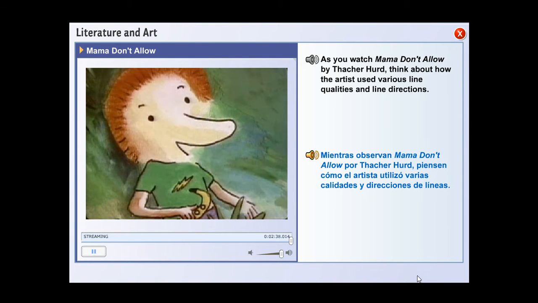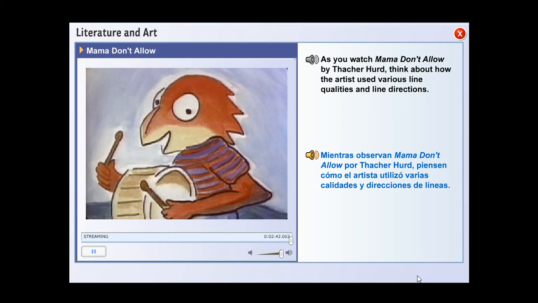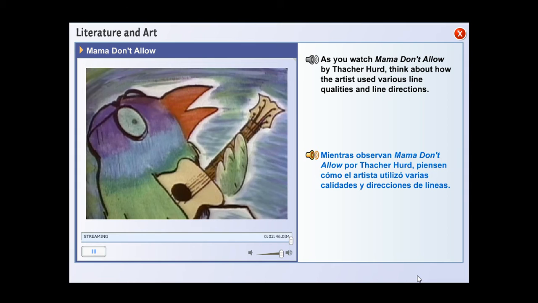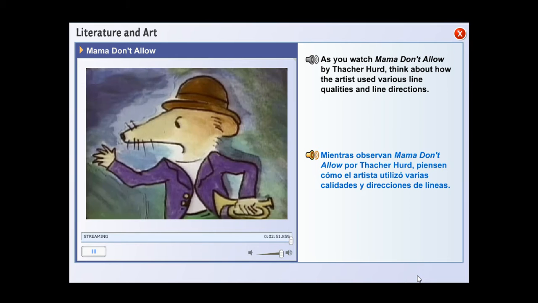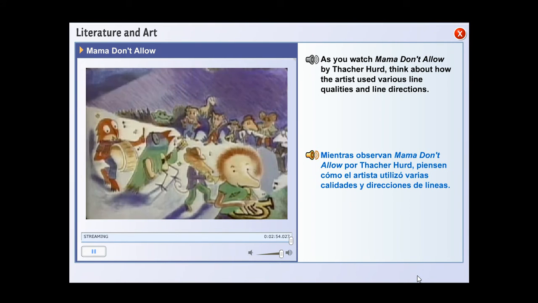Hey, let's play some music. Loud music. Let's be a band. The Swamp Band. And they played as loud as they could.